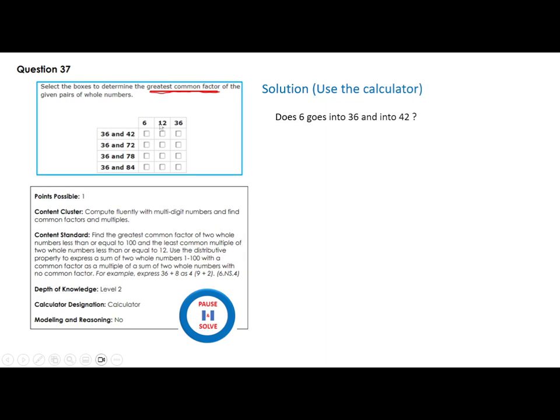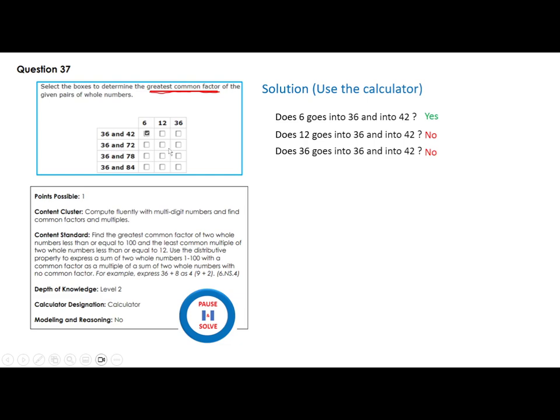It goes into these two because it's common, okay? The answer is yes. Does 12 go into 36 and 42? No. It doesn't go into 42. You can use the calculator, okay? Does 36 go into 36 and into 42? No. So the answer, the first one, is 6.